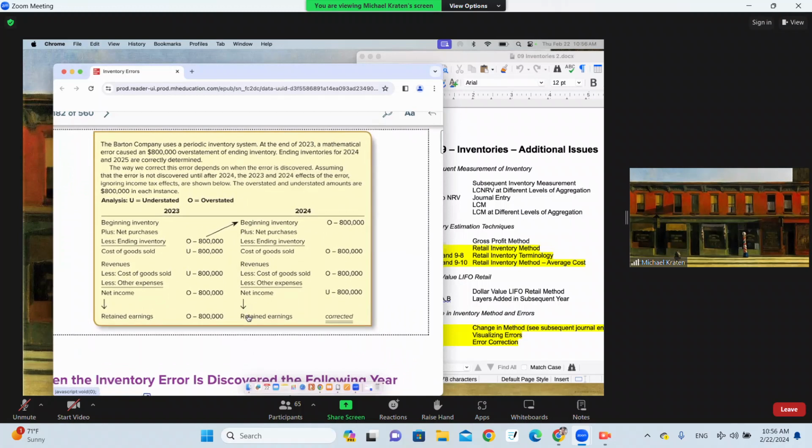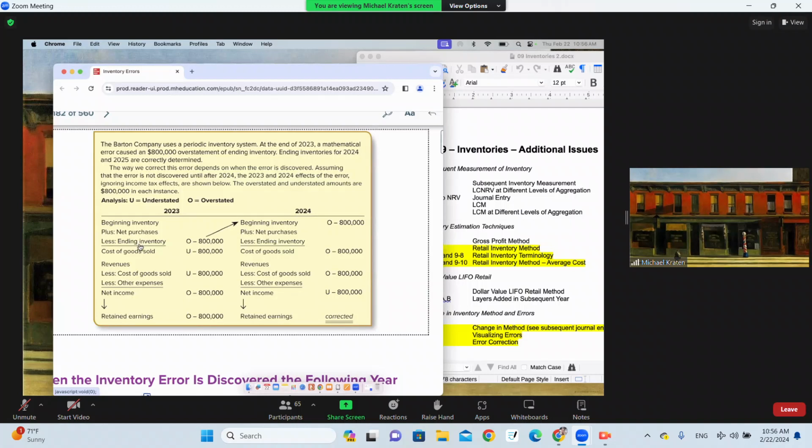Okay, questions about that? Questions? Okay, 9-20, it's the same idea, except this is a little more complicated. In each year, last year, 2023, and this year, 2024, beginning inventory plus new purchases of inventory equals, there's actually a subtotal, goods available for sale.